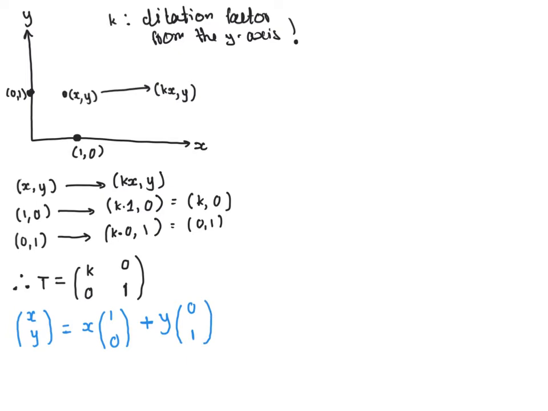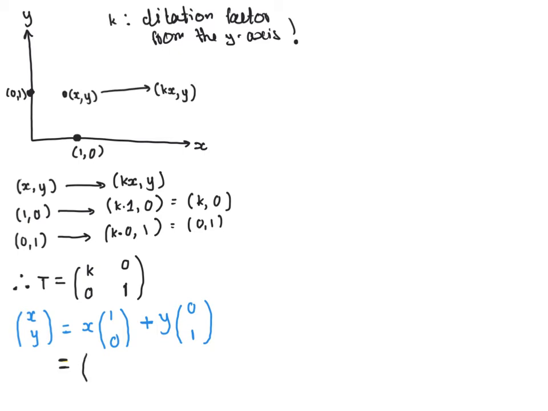So 1 comma 0 is the vector form of the unit vector in the x direction, and 0 comma 1 is the vector form of the point 0 1 on the y-axis. You can do it for yourself and see that these are equal.